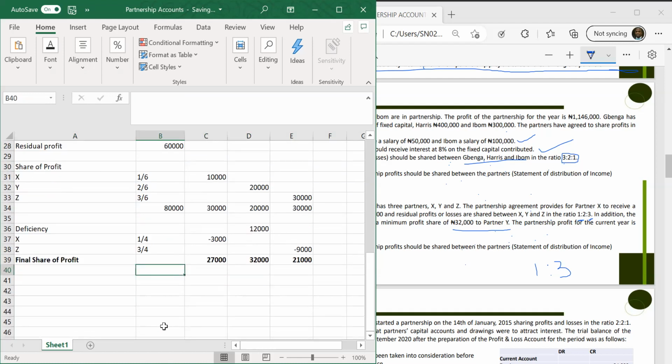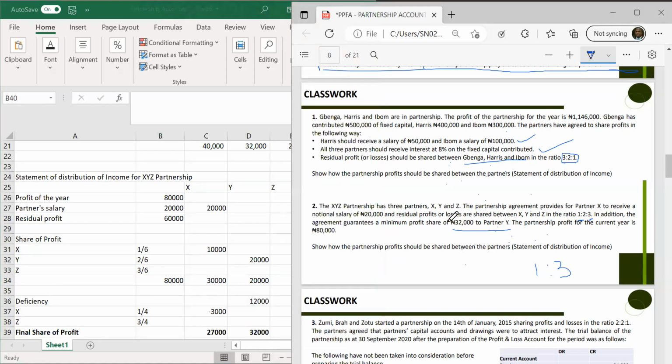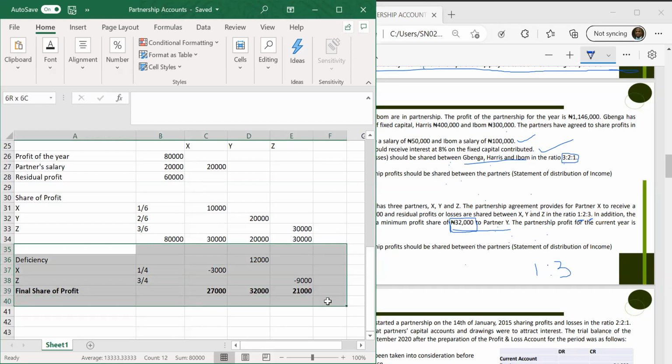So whenever you have, let's just say this question was that the minimum of this guy is 18,000. Let's just assume that the question says partner Y will have a minimum profit share of 18,000. Can somebody tell me, are we going to do this other leg?